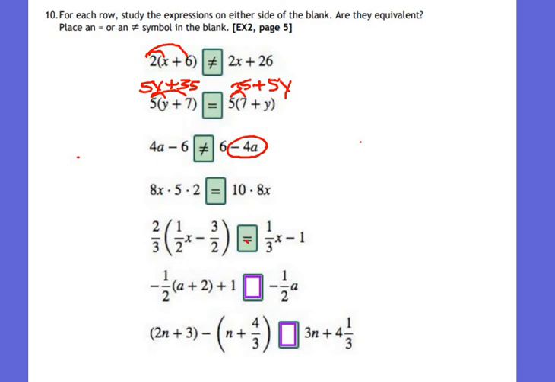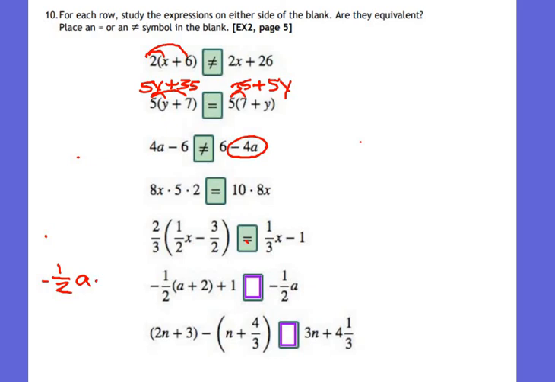Got a distributive property and then a +1. So -1/2 times A. What is that? -1/2? Okay, so it's -1/2 A. Then -1/2 times 2. What's half of 2? 1. But what's a negative times a positive?